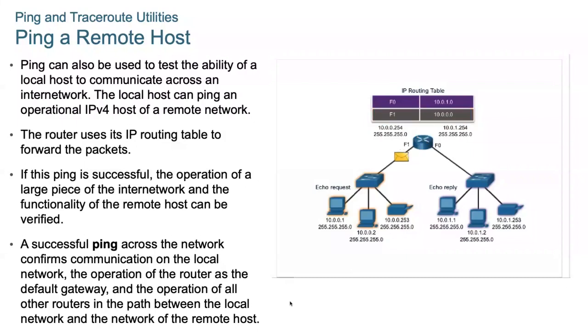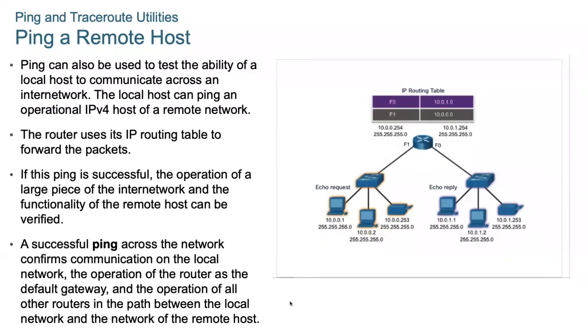So there is a unicast communication which takes place here to check the connectivity of your H1 and your H2 at different locations. Your H1 is on network 10.0.0.1 and your host 2 is on network 10.0.1.1.